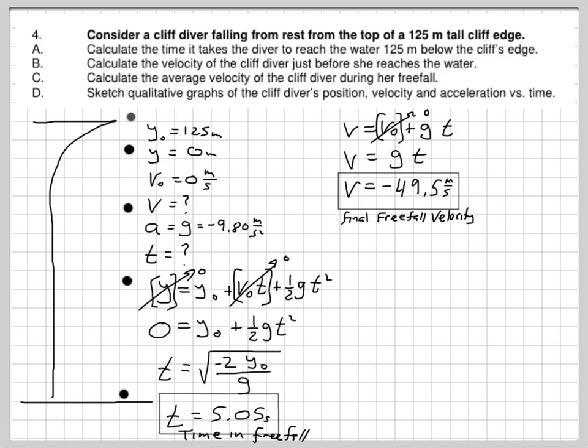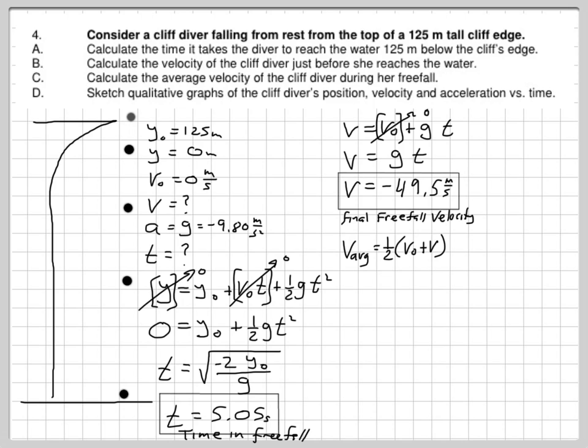Yeah, we're almost done. So part C is asking for the average velocity, and that's pretty simple because anytime you're going to calculate average velocity, you're simply looking at the midpoint between the initial and the final velocities, because all of these problems involve constant acceleration. So I can just write down V average is 1/2 of the beginning and ending velocities.